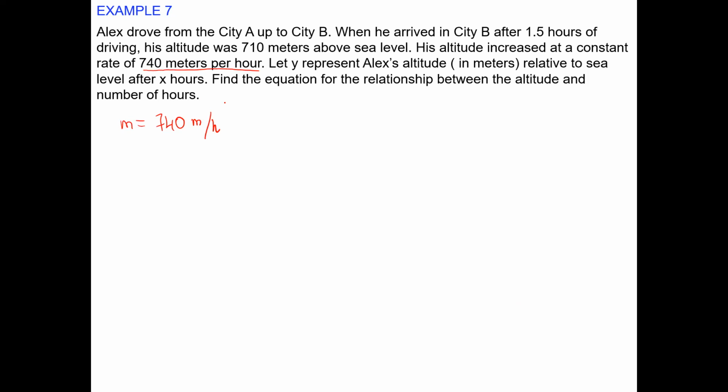Let y represent Alex's altitude in meters relative to sea level after x hours. Find the equation of the relationship between the altitude and the number of hours. The altitude with respect to time will be slope, time, and y-intercept.